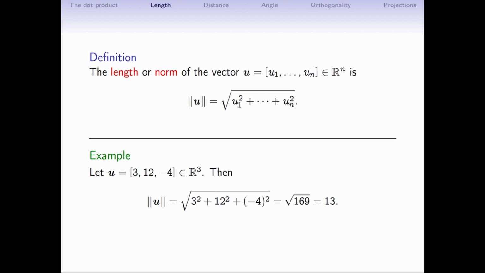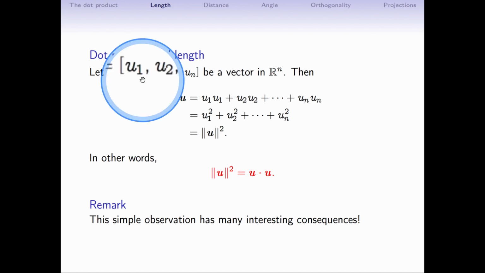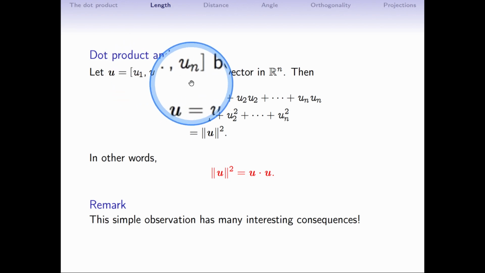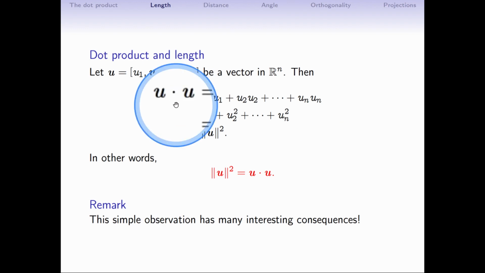Now I really want to show you an interesting connection between the dot product and the length of a vector. So let u be a vector in Rn, and let's say for the sake of argument that u has components u1, u2 up through un. Now what I want to do is do a calculation here. I want to form the dot product of the vector with itself. So I'm taking u dotted with u.